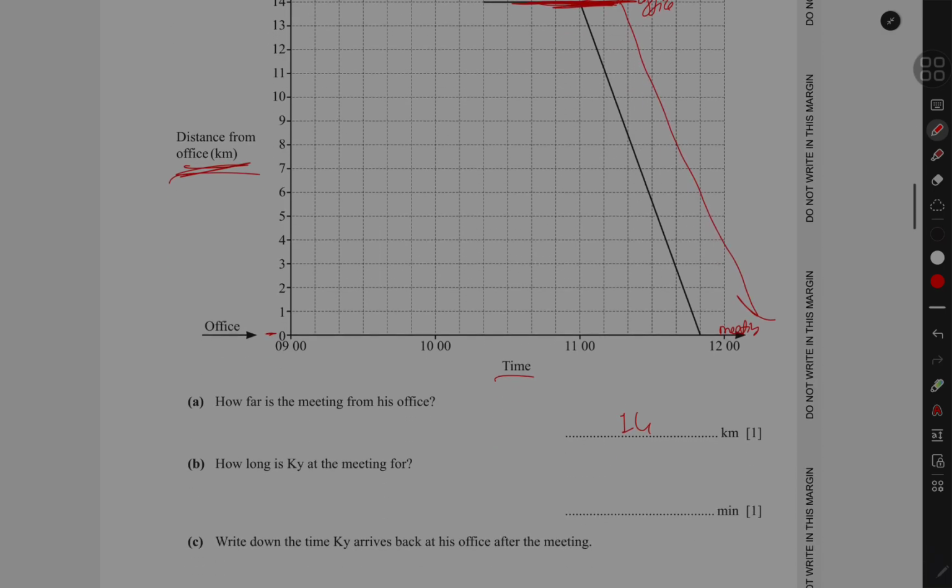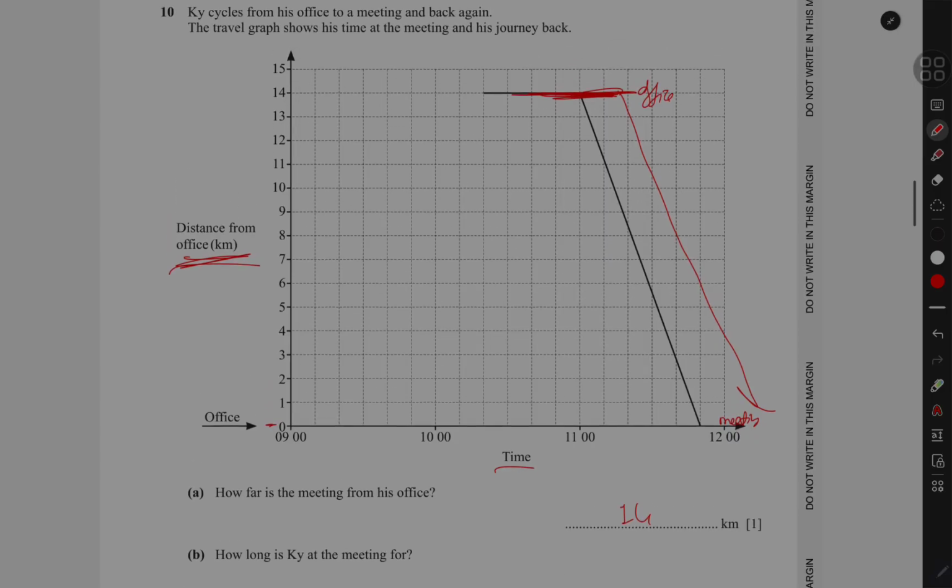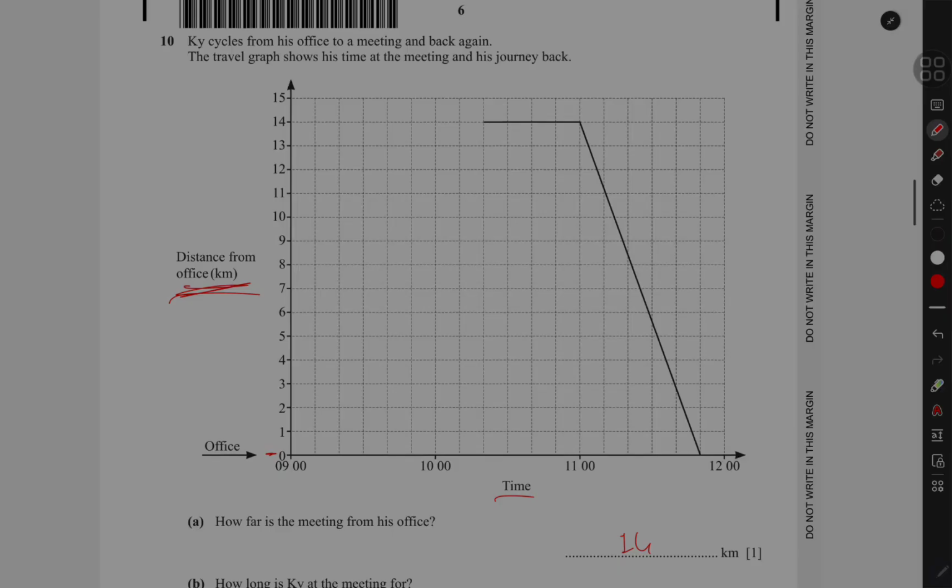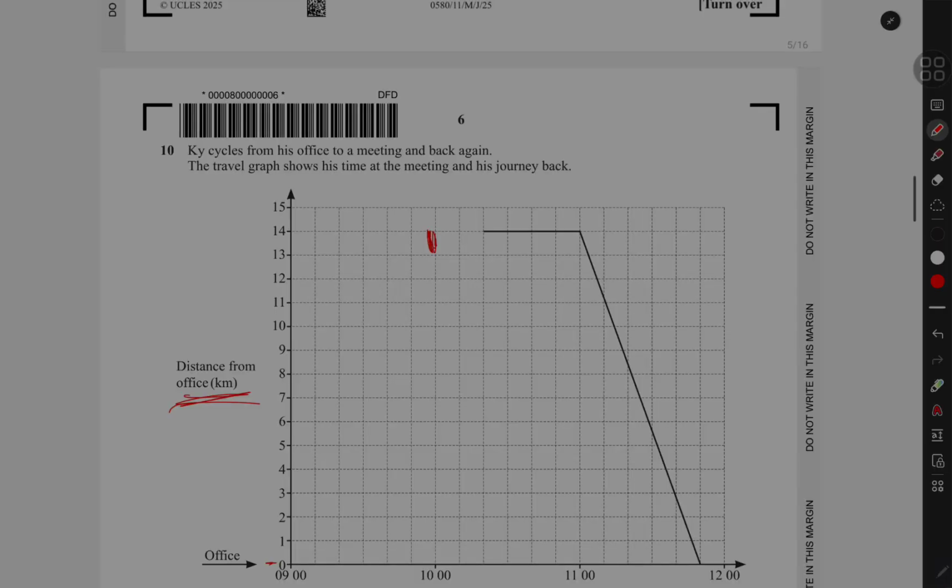How long is KY at the meeting for? This is 10, this is 10. 10, 20, 30, 40, 50, 60. So this is 10, 20, 30, 40, 50, 11 o'clock.